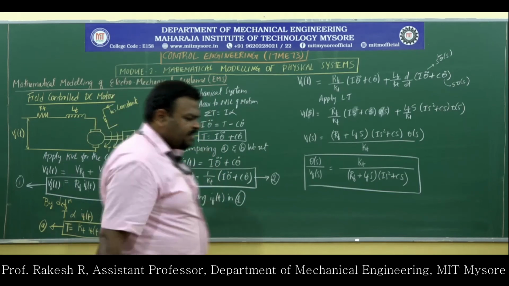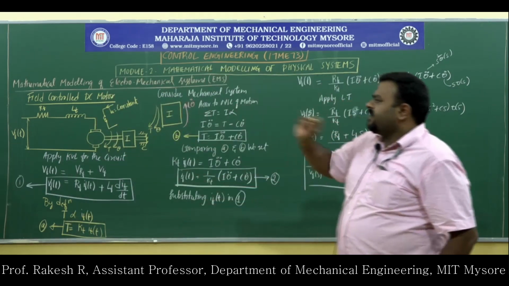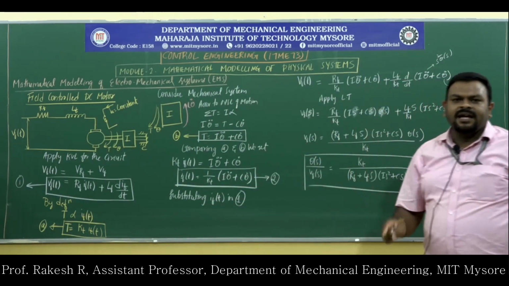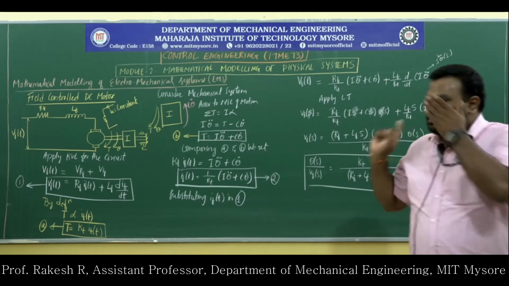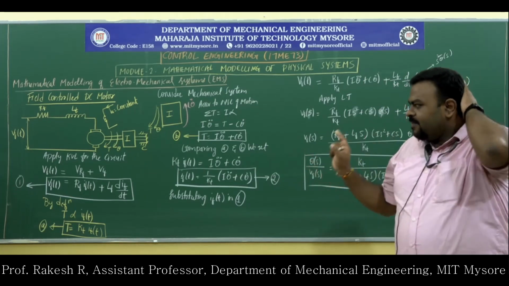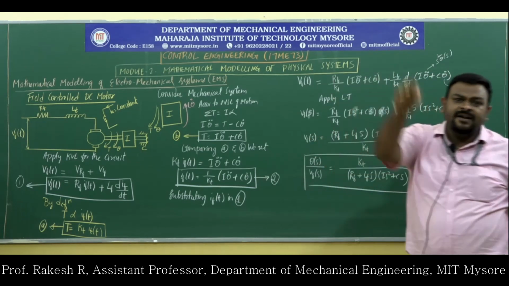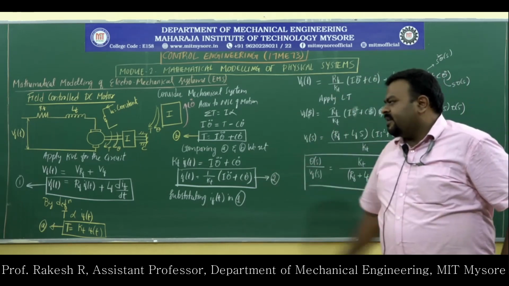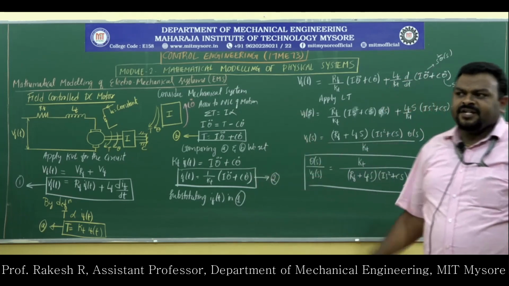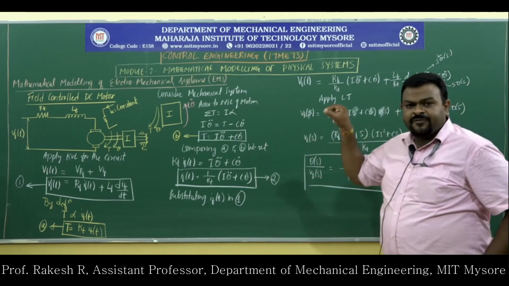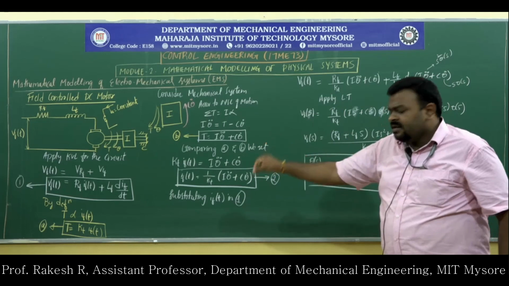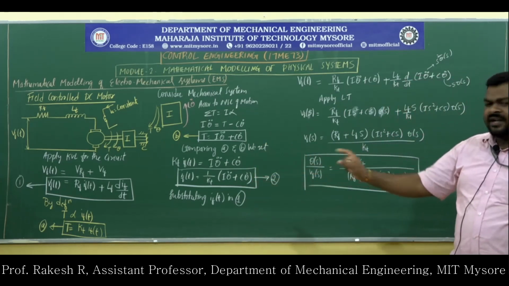Again, what we have done basically: first we started with the circuit and applied Kirchhoff's voltage law to the circuit. The input voltage will be equal to the voltage across the resistance and inductance of the field. So that we have written. As per the definition, the torque is directly proportional to the field current, so we have written torque will be equal to Kt into If of t.